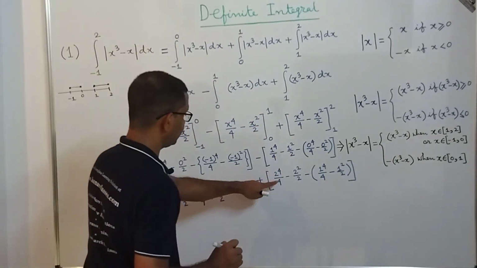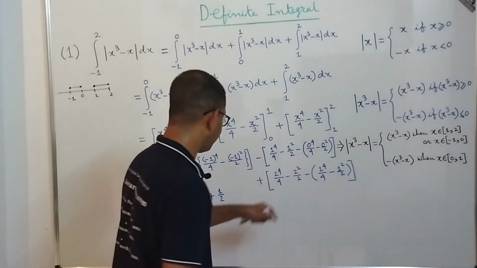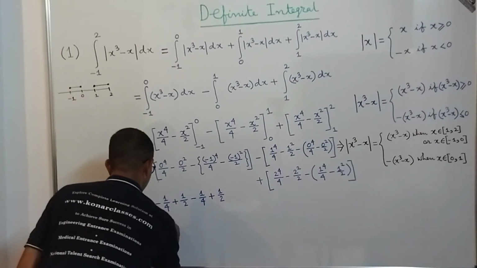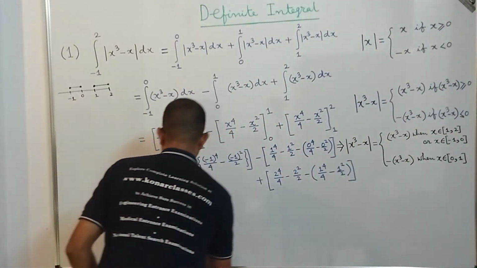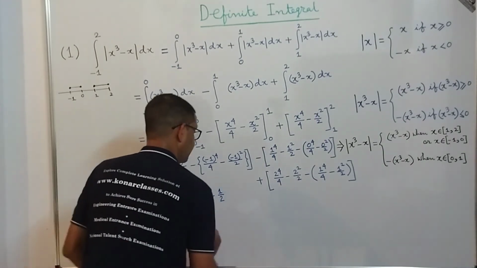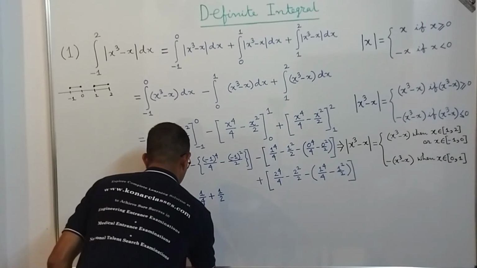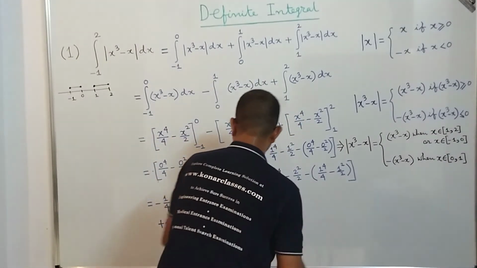Here it is plus 2 to the power 4 by 4. 2 to the power 4 is 16 by 4, that is equal to plus 4. So let me write it here, plus 4 minus 2 to the power 2 by 2, that means minus 2, minus 1 by 4, minus 1 by 4, plus minus minus plus 1 by 2.